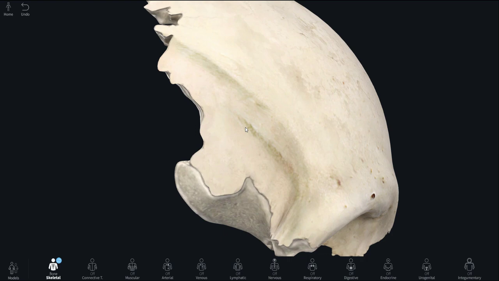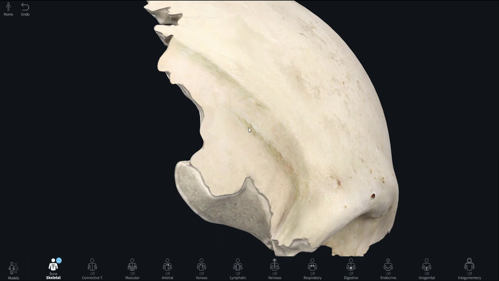So the commencement of the superior and inferior temporal lines, their origin is now clear to us, that it is originating from the posterior margin of the, what is this? Yes, very good. The zygomatic process of the frontal bone. And then it splits up into the superior and inferior temporal lines.